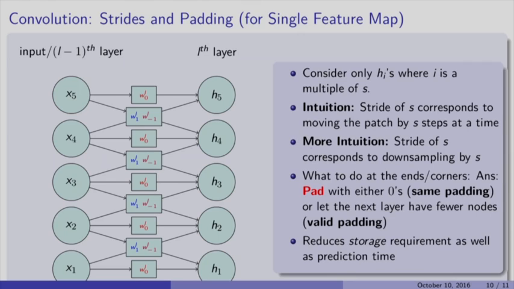There is a more interesting aspect to this moving of the patches, and that is downsampling. What you are doing in the process of moving the patches through strides is actually downsampling, where you are implicitly accounting for all the signals but might explicitly ignore some of the computations.